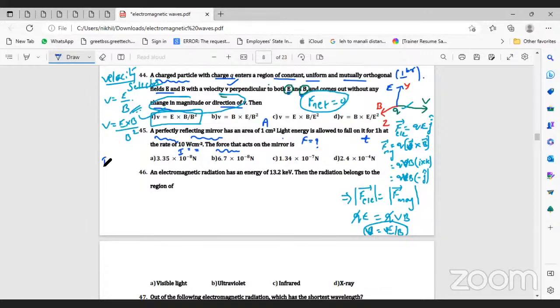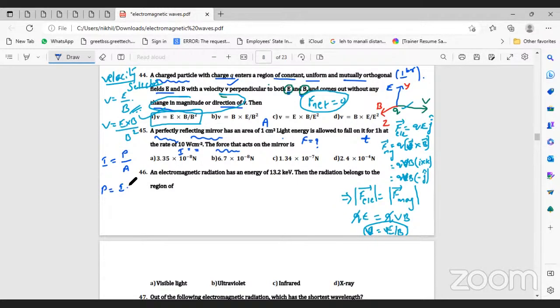So intensity is equal to power divided by area. Then, can you calculate the power?